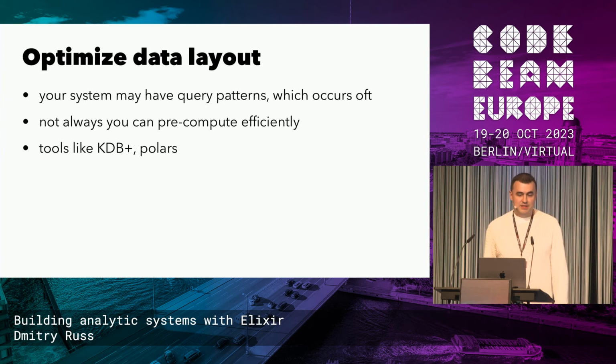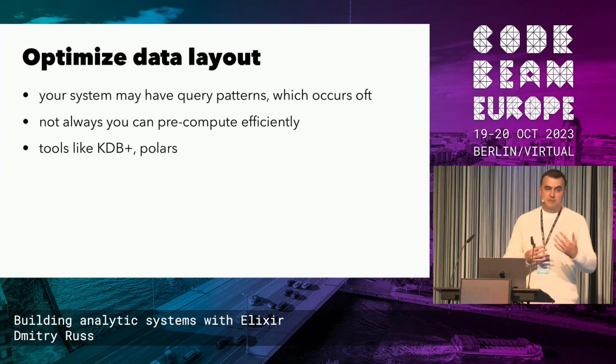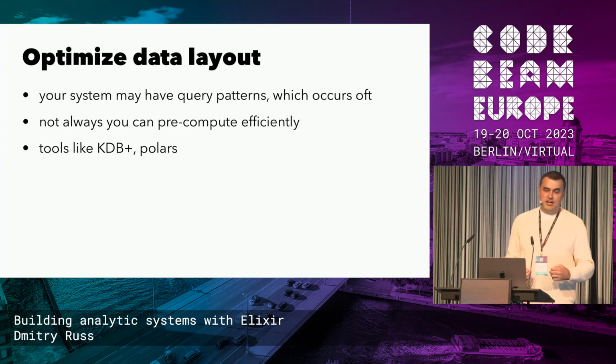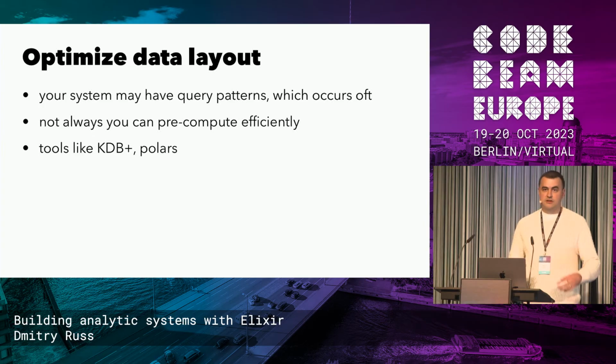Your system may have query patterns which occur very often, so you have some filters or a lot of calculations which have the same pattern. And not always can you pre-compute these patterns efficiently. Tools like KDB plus and Polars, which go low level, allow this.